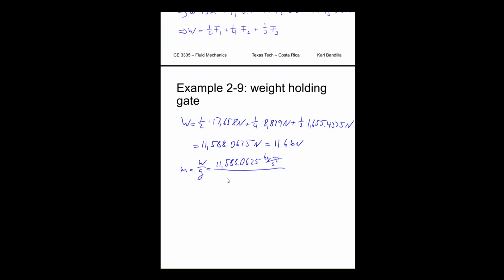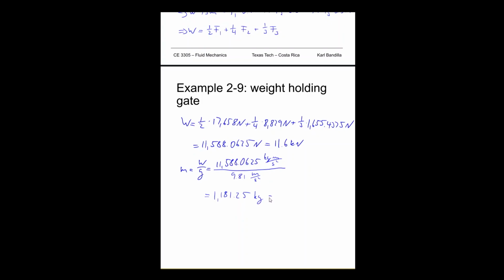Divided by 9.81 meters per second squared. That gives us a value of 1,181.25 kilograms. Let's make sure that we actually get the kilogram, right? The meter per second squared cancels out.